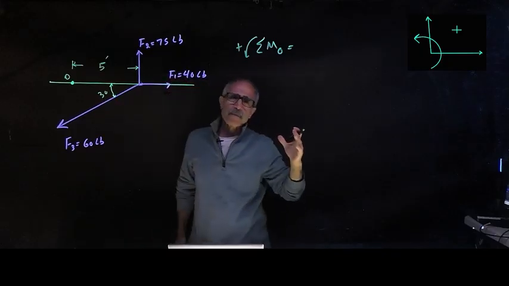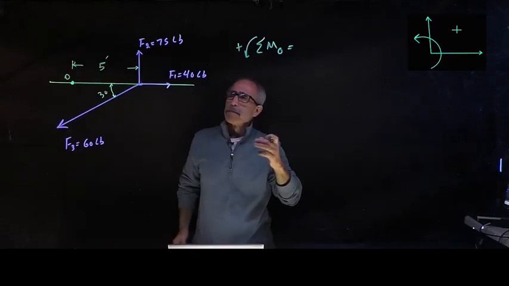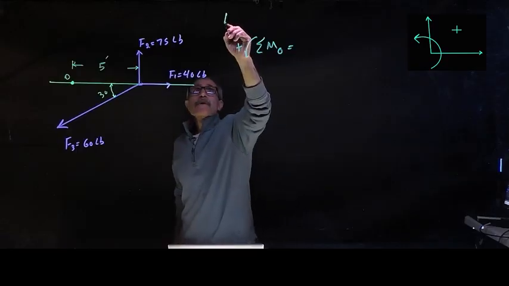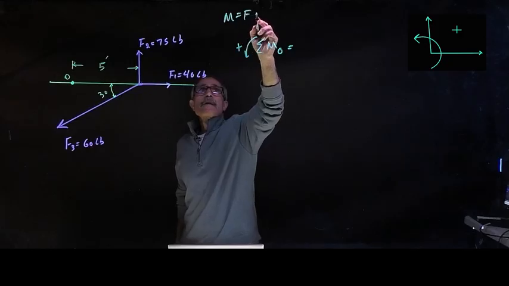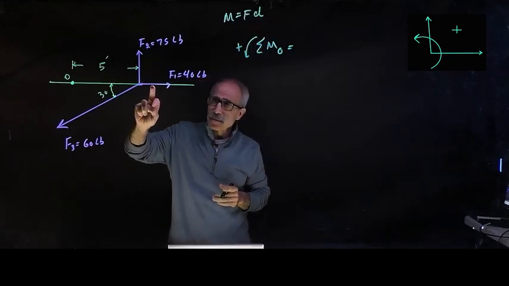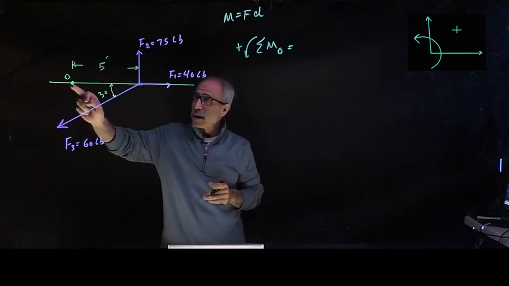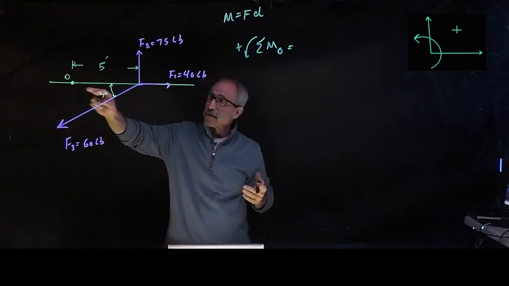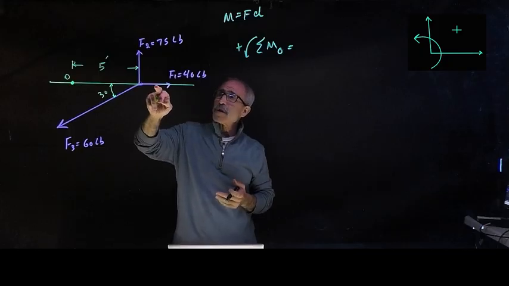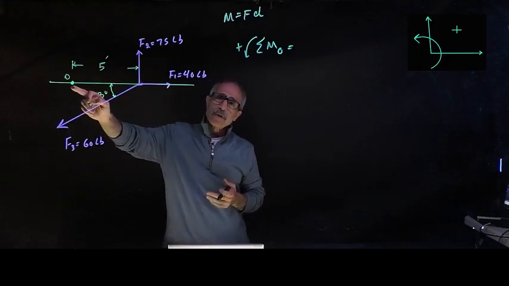Remember we talked about it: M is equal to F times d, and that d is a perpendicular distance. There is no perpendicular distance between this force and that point. They're on top of each other. So the perpendicular distance between F1 and O is 0.